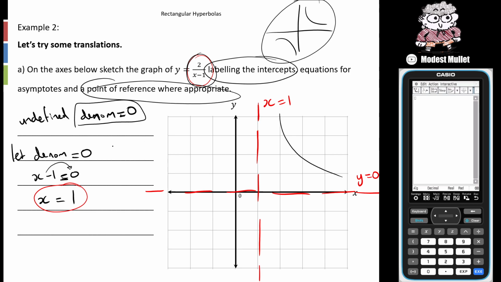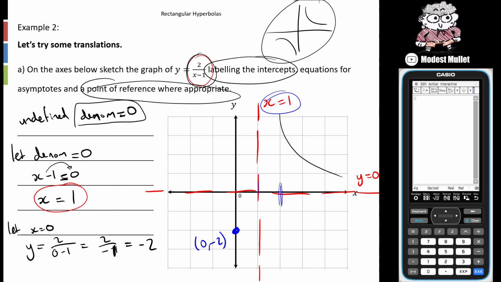So we're going to let x equal 0. So we get y is equal to 2 on 0 minus 1, which is 2 on negative 1, which is negative 2. So there's that point there. So we have (0, -2). I can't pick x equals 1 to find my other point of reference because that's on the asymptote. So I'm going to just come across one more spot, and that's at x equals 2.